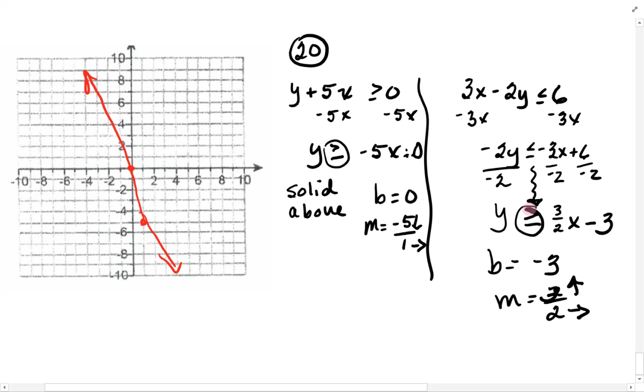My inequality symbol told me also that it was solid and above. So, graphing that one, I have negative 3. From there, I go up 3 and over 2, and really messy, but slightly straighter line. Now, I see I'm supposed to be above that one and above that one.